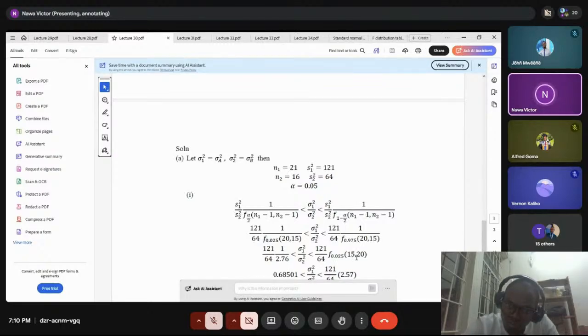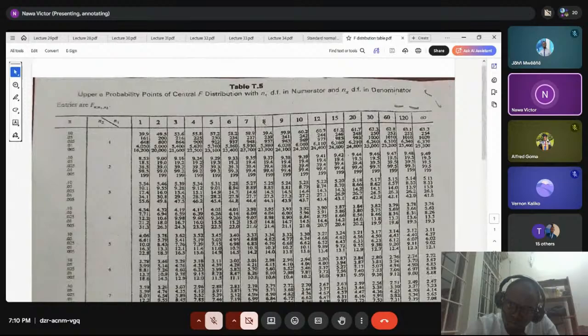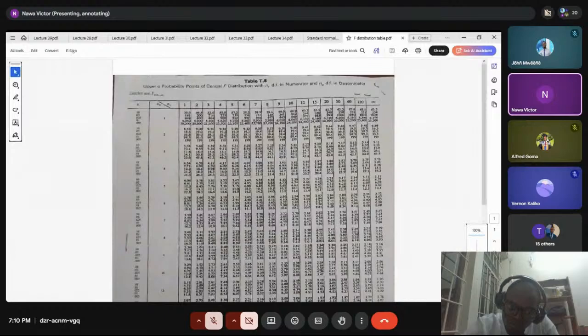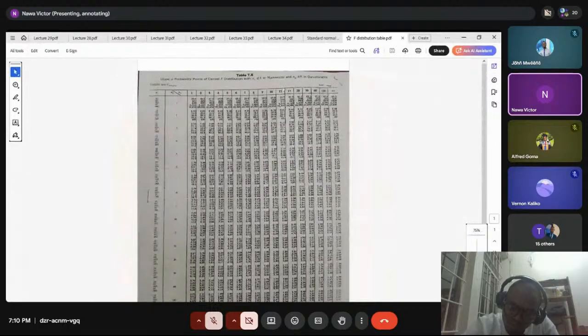So now it becomes 15, 20, 0.025. So 15 is here, and 20 is somewhere there.